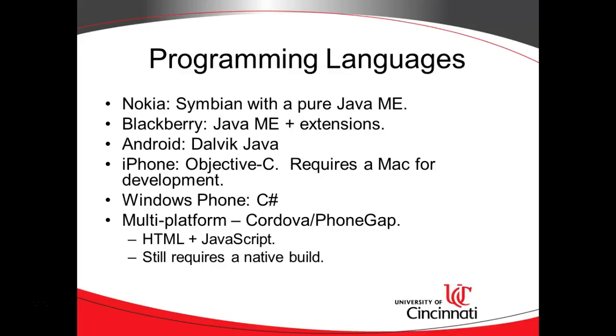For Nokia, all you had to know was Java, Java ME, Java Micro Edition. You could take an application written on a Nokia phone and run it on a BlackBerry phone because BlackBerry also used Java ME, and then they added some extensions to it. So this is in that era of about 2000 through 2010.